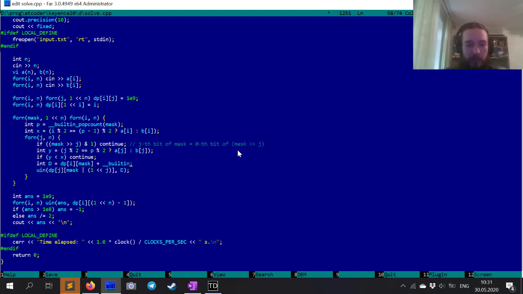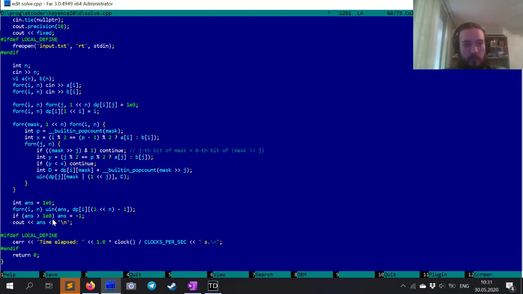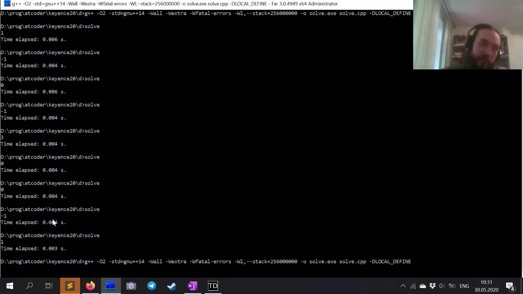I'm going to go with this. If j is moved right j positions, then the only bits remaining are the ones that used to be at positions larger than j. So maybe that's the only fix we need, actually.